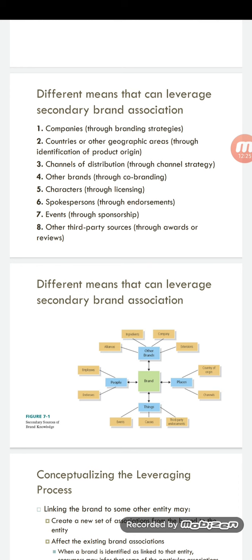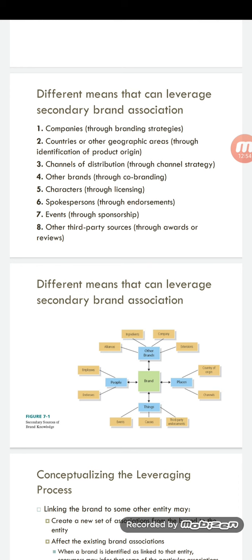Whenever I think about Filmfare Awards, Manikchand is the first thing that comes to mind, because the Manikchand brand spends a lot of money sponsoring such awards. Similarly, you must have seen brands like Pepsi and Coca-Cola sponsoring cricket matches and IPLs. So events are also one such way through which we can create a secondary brand association.